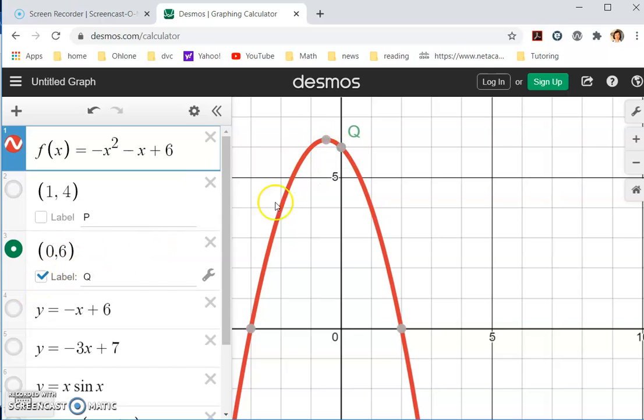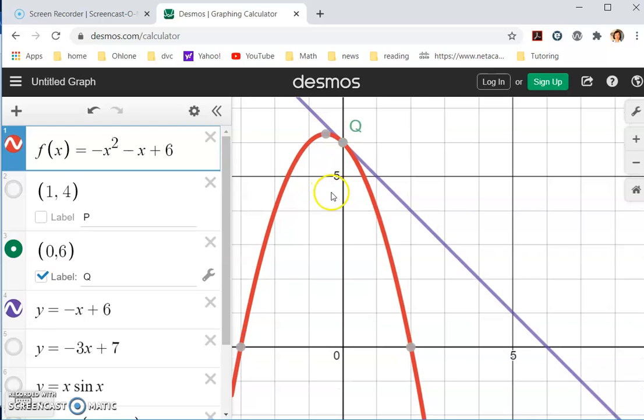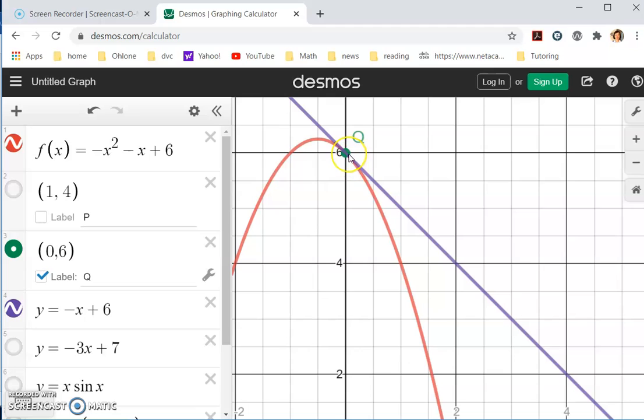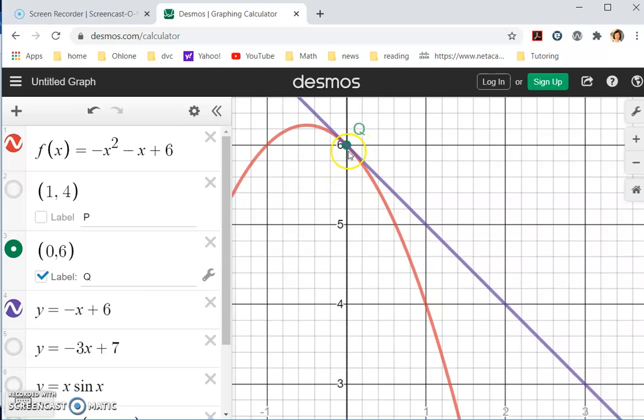This is point Q. And it turns out that that particular tangent line is this. You see how, when it is very close to Q, if we're talking about a point of 0.1 or 0.01, that point is very close on the tangent line equation, negative x plus 6, as well as close to f of x.